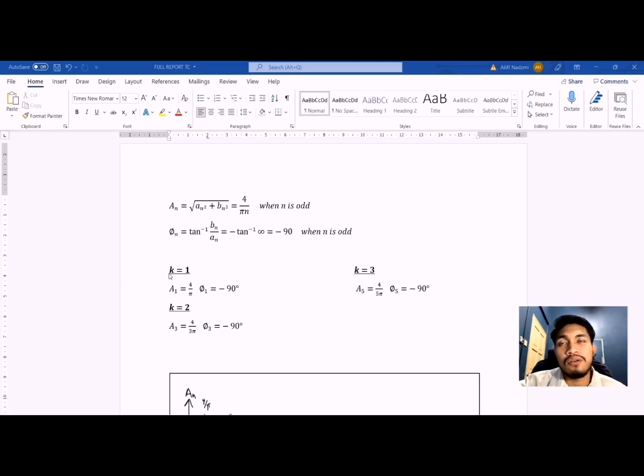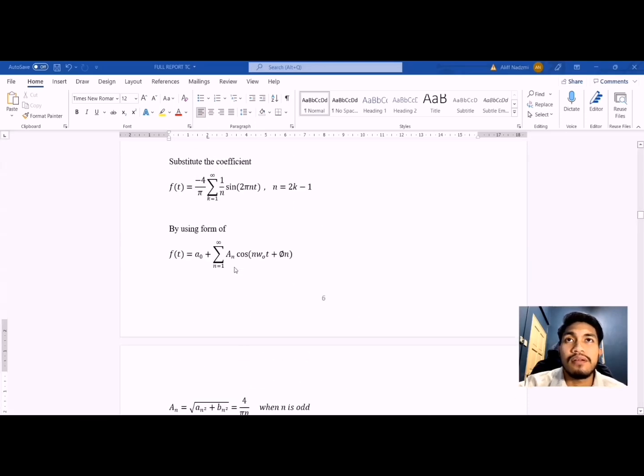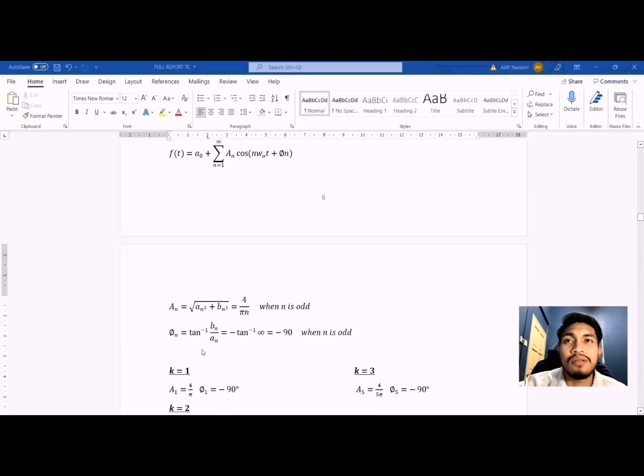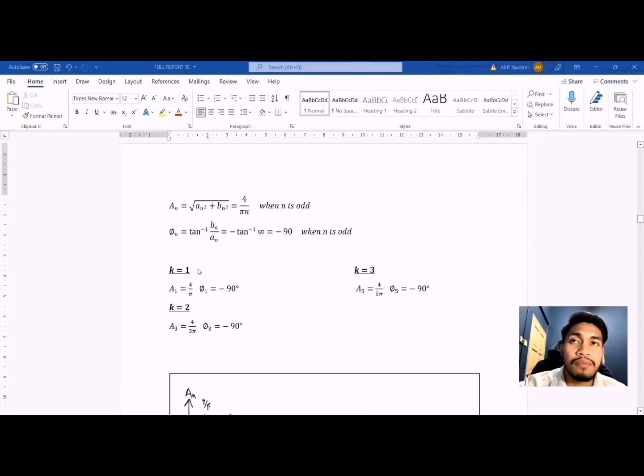For k equal to 1, we just put inside here n equal to 2k minus 1. That means when k is 1, n is also 1. So A1, we got the result of 4 over pi and the angle is negative 90 degrees. Same goes for k equal to 2 and k equal to 3.